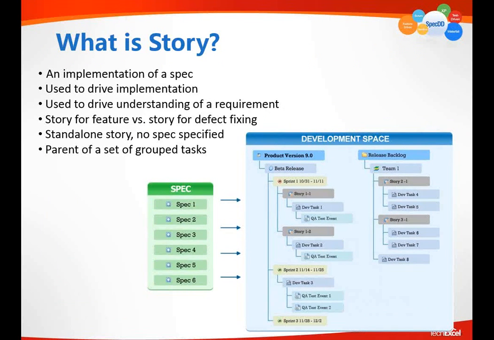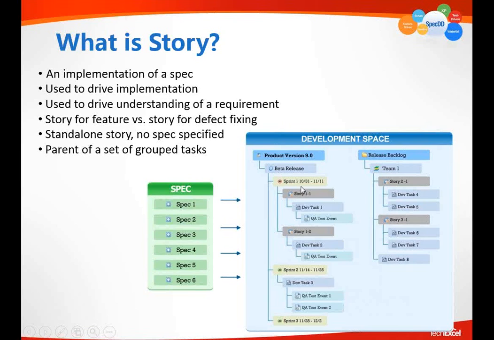So let's define the story in more detail, so that if you refer to this training material in the future, it's easier for you to get your thoughts together to understand what a story is versus what a spec is. A story is an implementation of a spec. It can be used to drive implementation.